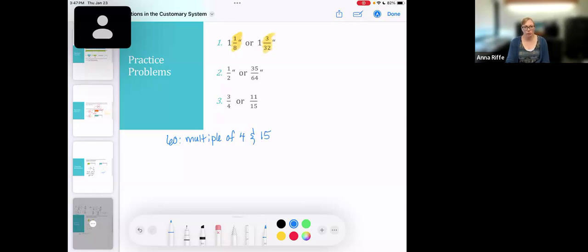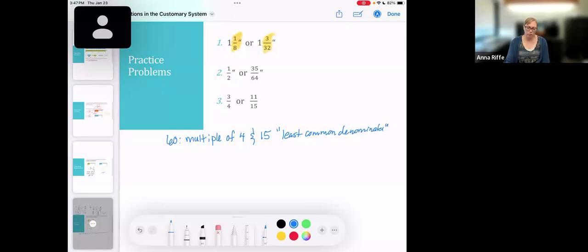Or you could think of it a different way. You could say 60, you could divide evenly by 4, and you could divide evenly by 15. Once we have that, we can rewrite both fractions with a denominator of 60. This is what we would call the least common denominator.